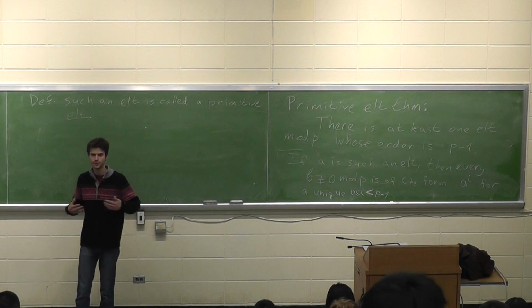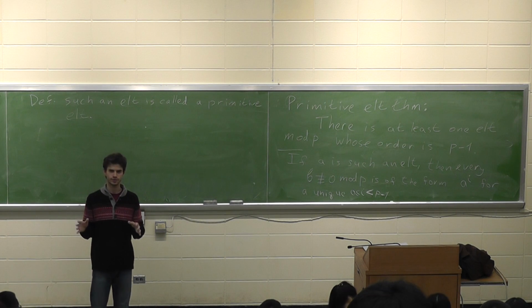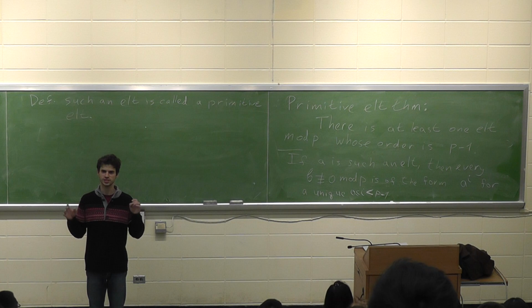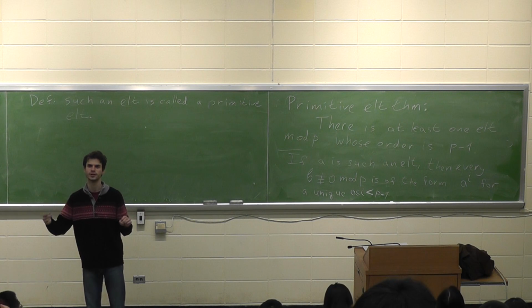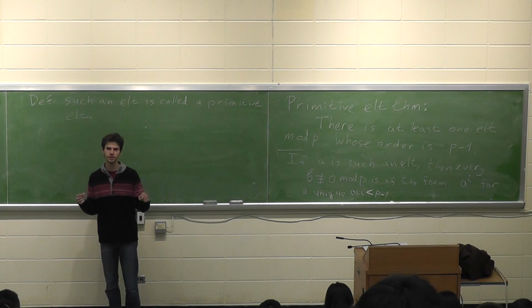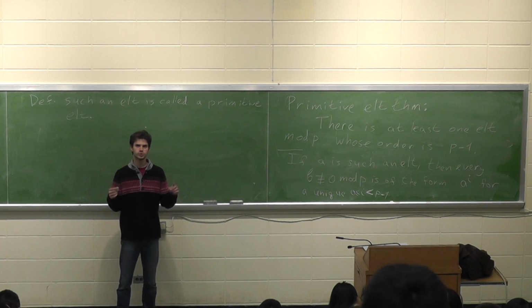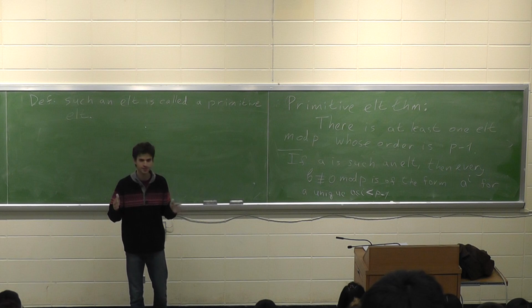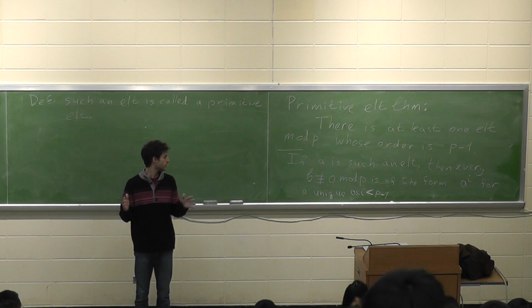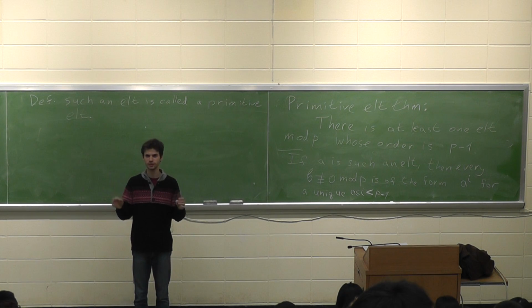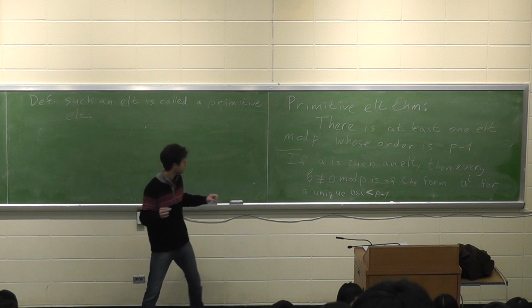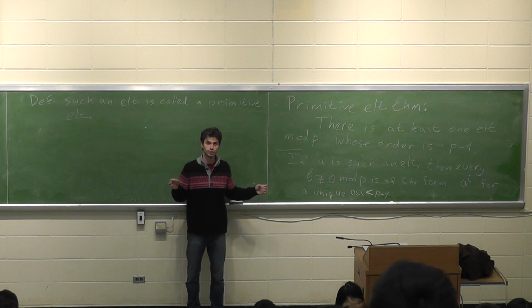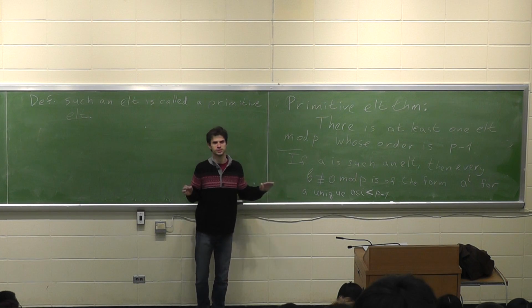So let me repeat. A primitive element modulo the prime number p is just some element whose order is p minus 1. In other words, it's an element all of whose powers from 0 to p minus 2 are distinct numbers. It's an element such that every residue modulo p which is not equal to 0 is some power of this number.